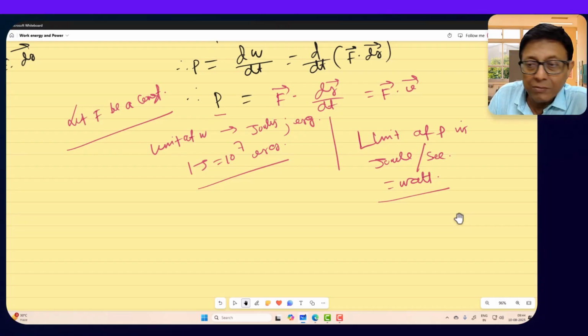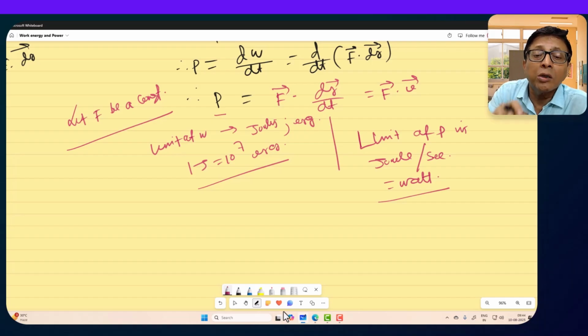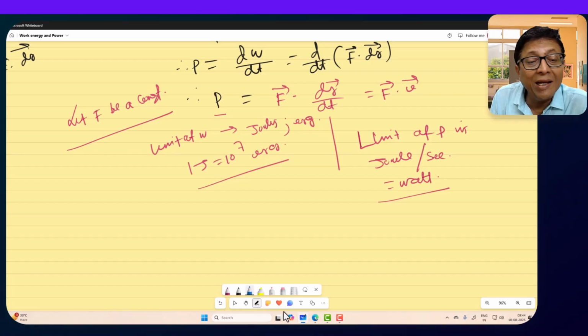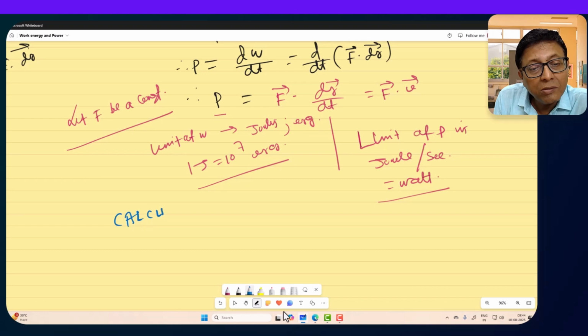Clear? Now, we'll be discussing some problems on work done first before we go to the next section of this discussion. We'll be discussing more on calculation of work.